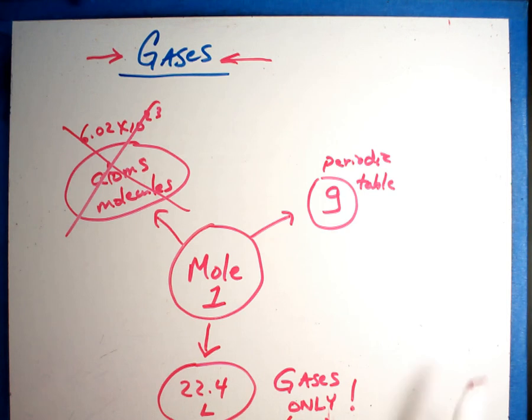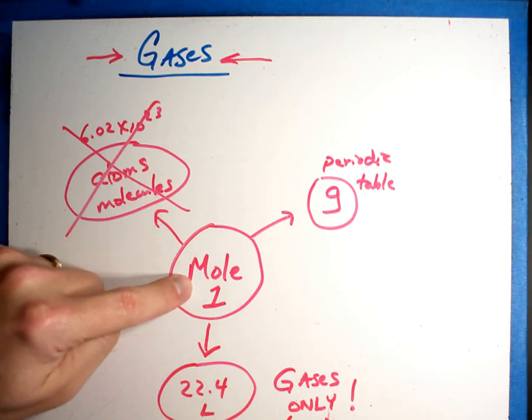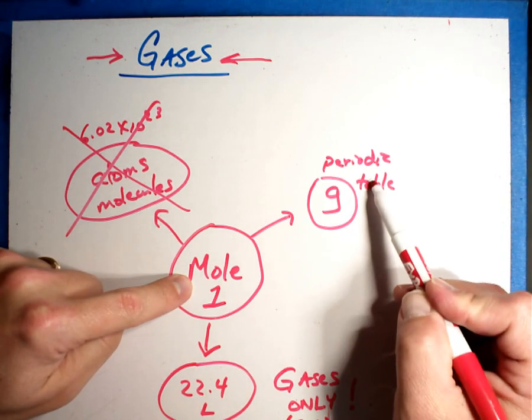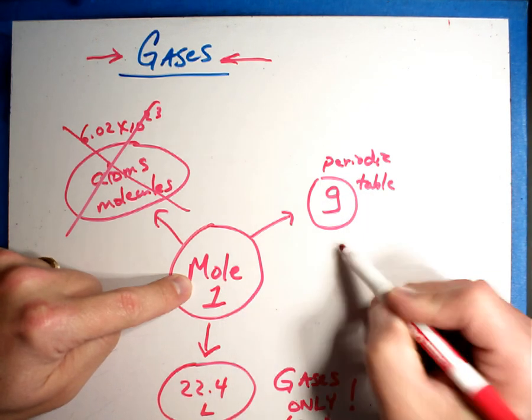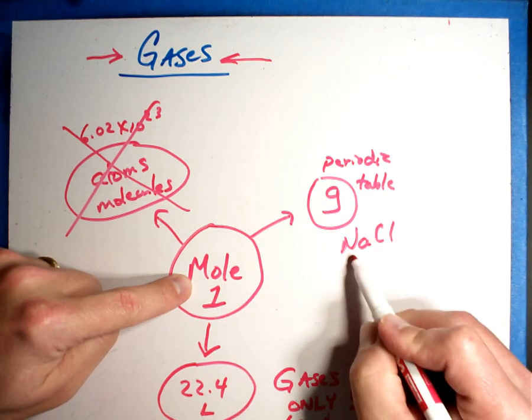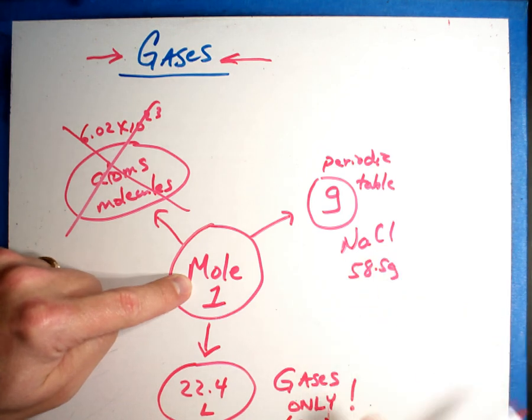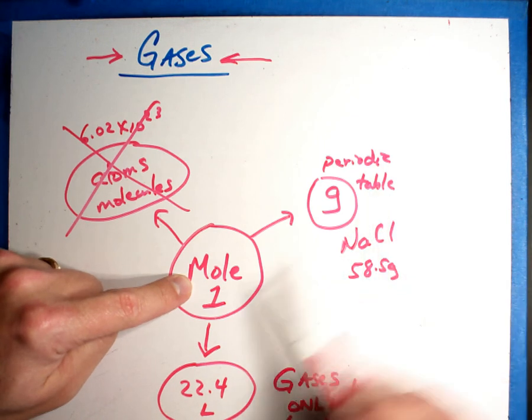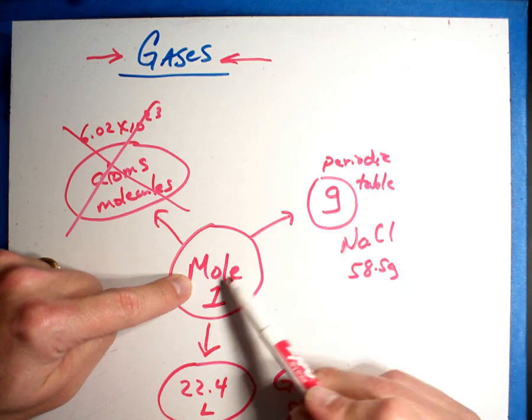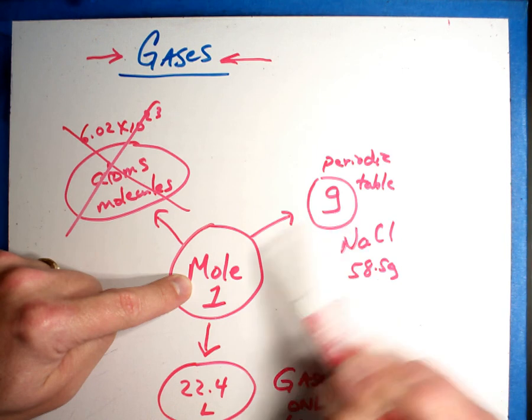So really this diagram, all of these things are equal to a mole. The weight off the periodic table is equal to a mole. So if I'm talking about salt, and I add them together, 23 and 35.5, that's 58.5 grams. You've done this many, many times. That's what I mean by using the periodic table. So if you need grams, it comes from the periodic table. You always get how much a mole equals by adding off the periodic table.